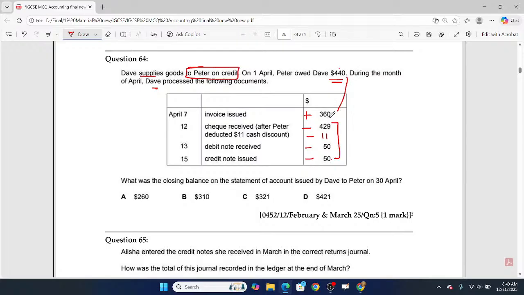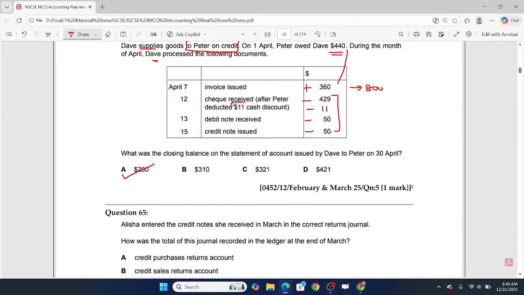Okay. 440 plus 360, 800, and 100. So 260 will be the ultimate value. Clear? So you should be careful to deduct this 11 also. You may miss to deduct.